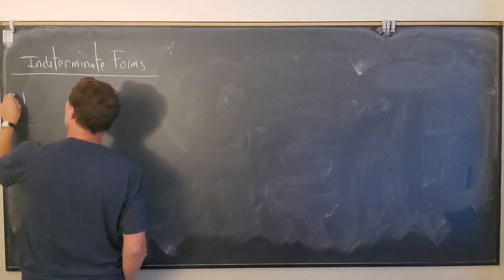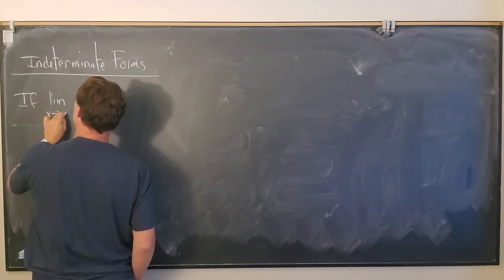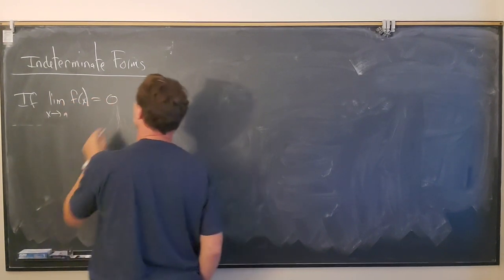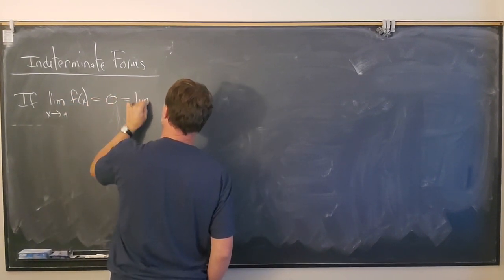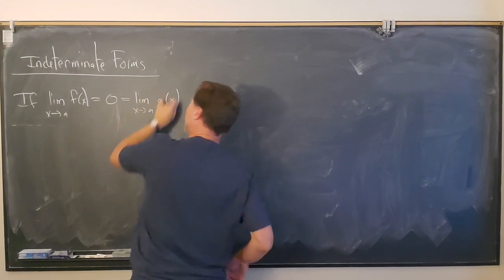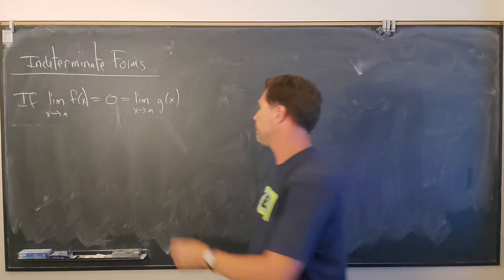So if the limit as x approaches a of f of x equals 0, which equals the limit as x approaches a of g of x. So we have a couple of functions, we take their limits, and we get 0 for each of them.